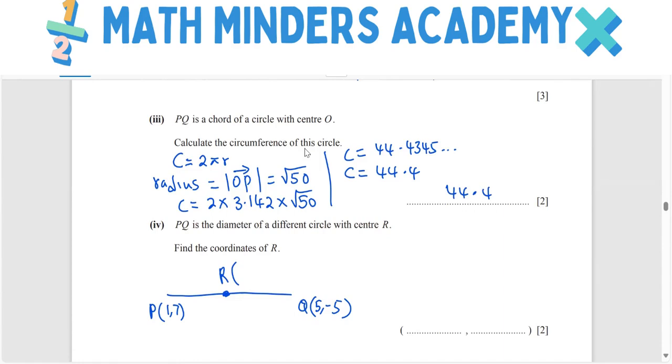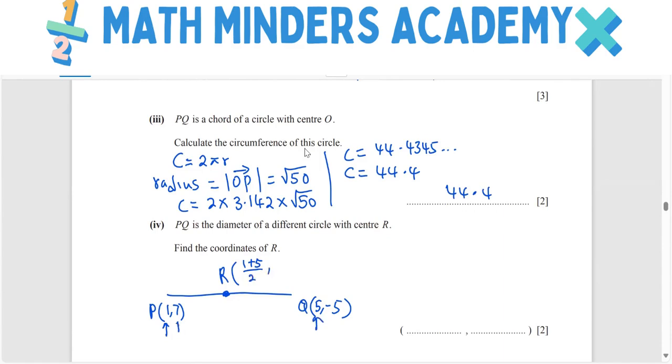The x value of R is 1 plus 5. You add the x value of P and the x value of Q and divide by 2.